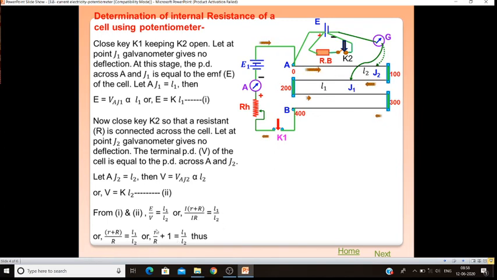So from here, r by R plus 1 equal to L1 by L2.